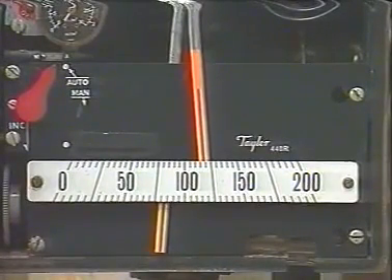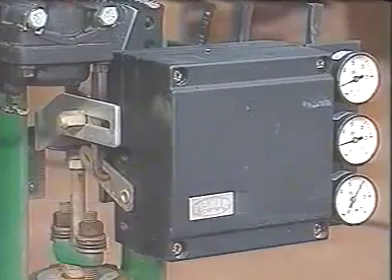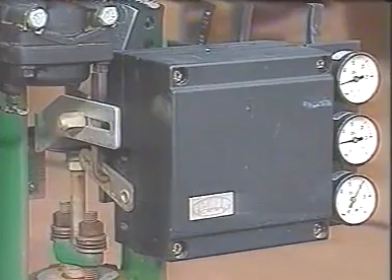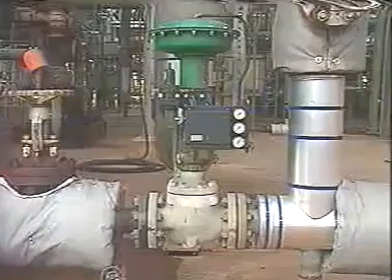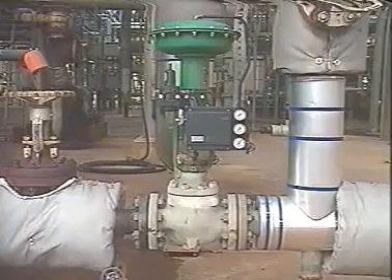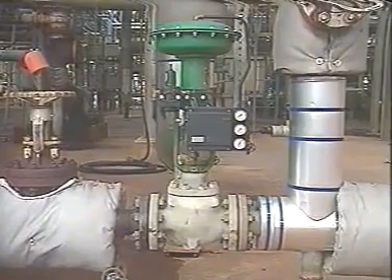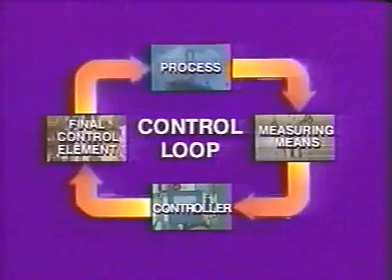Then the controller transmits a signal to the final control element. The final control element makes the actual process adjustments which the controller determines are necessary. In process plants, the final control element is usually a valve with an actuator. These four elements are called a control loop.